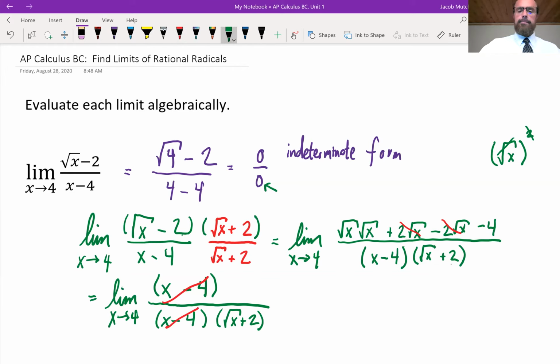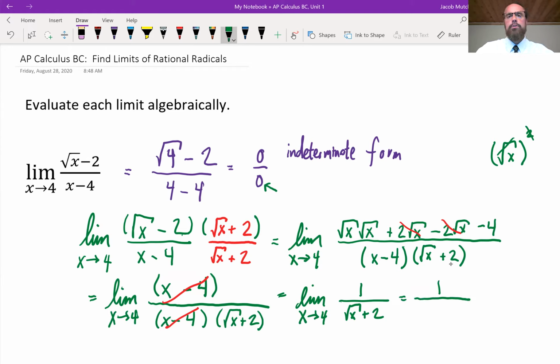At this time, what's left after that multiplication of the conjugate above and below is the limit as x approaches 4 of 1 over the square root of x plus 2, and that I can now use direct substitution to find the limit. So I'm just going to substitute in the 4 for x.